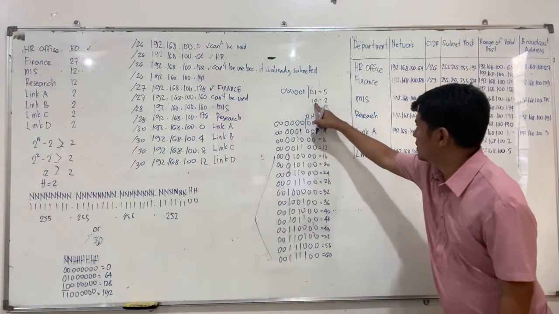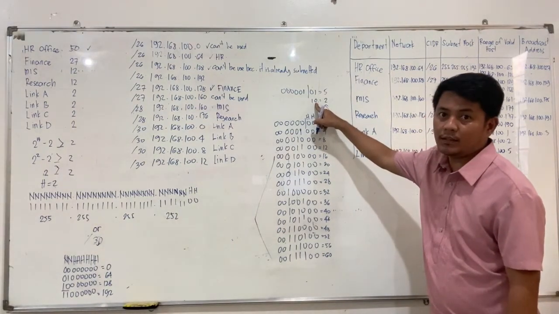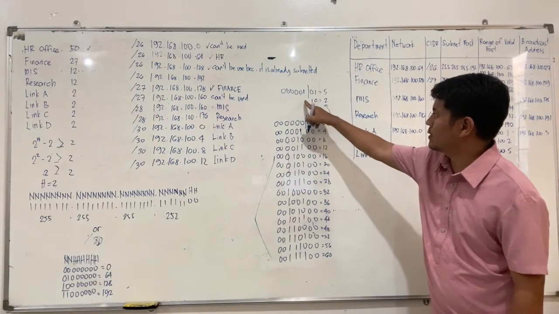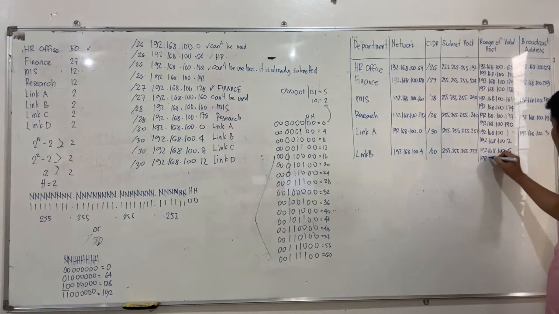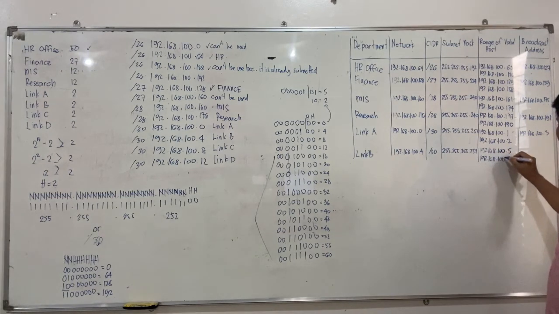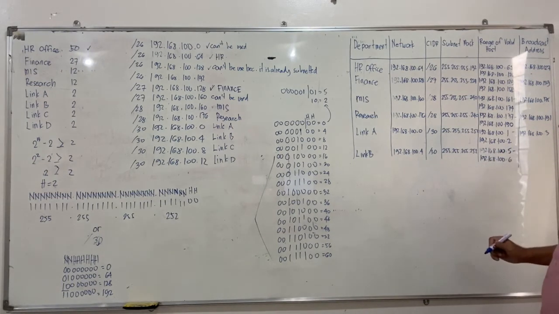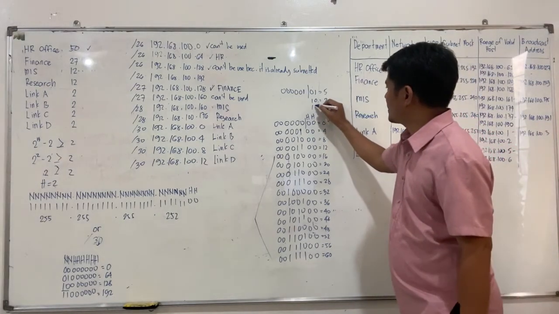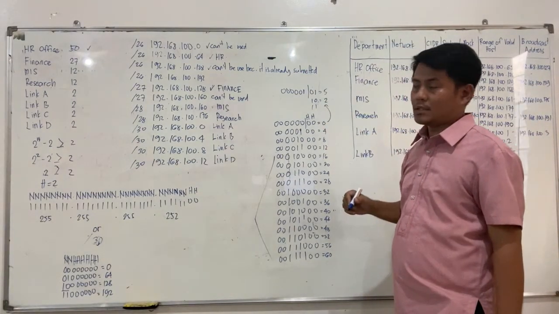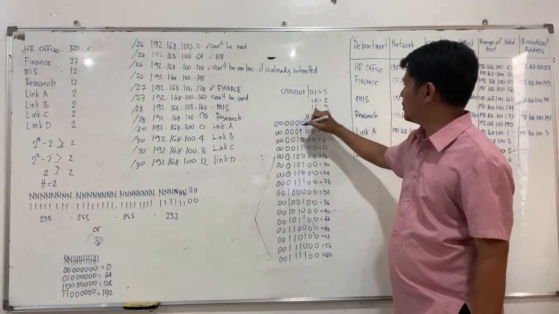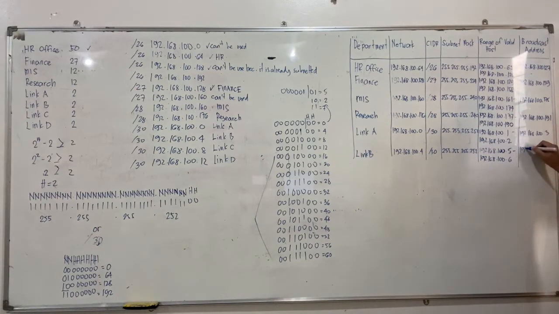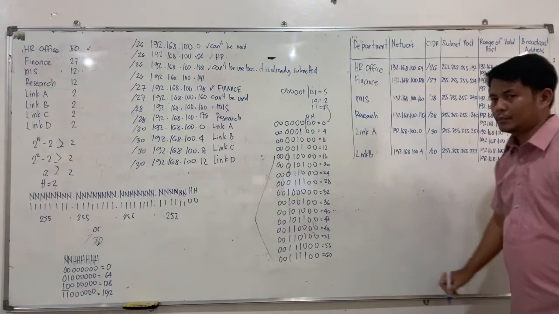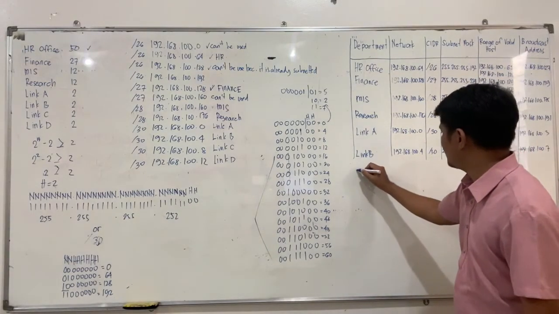Last valid host, we retain 10 here, so this is 4 plus 2, that is 6: 192.168.100.6. And for the broadcast number, we set all host bits to 1. So 4 plus 2 plus 1, that is 7: 192.168.100.7.